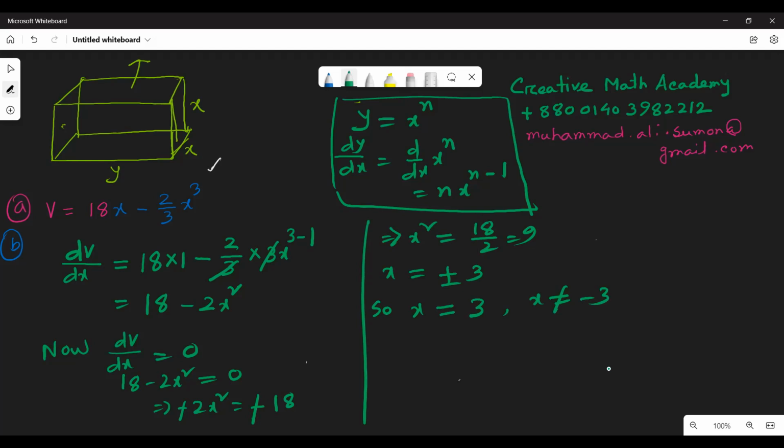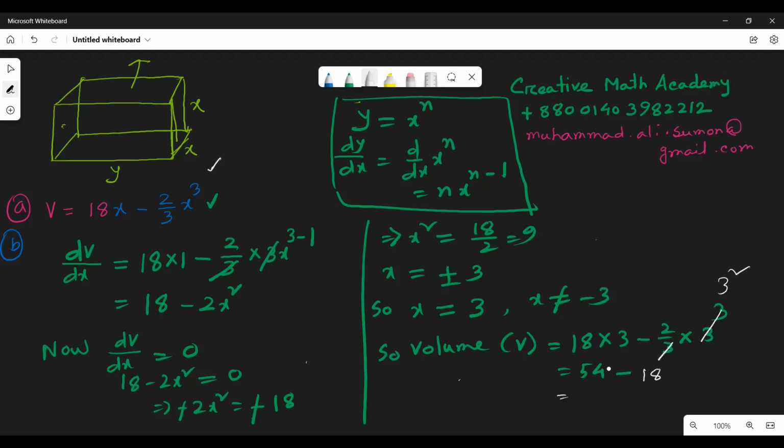Now we have to find the largest value of V. So volume V equals, we put here 18 into 3 minus 2 by 3 into 3 cubed. So it will be 54 minus, this 3 and that 3 cubed cancel, it will be 3 square, so 18.